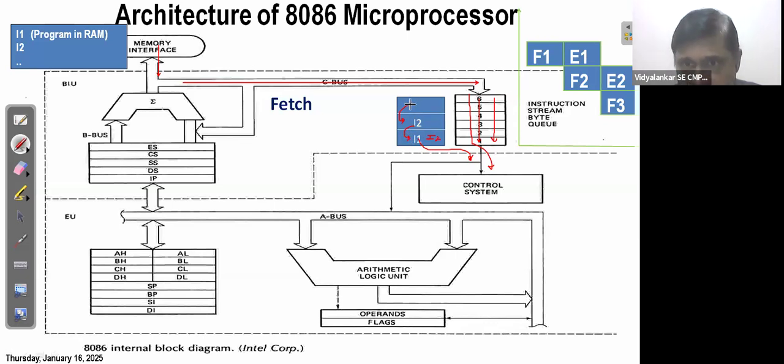Your instruction 3 will come to the position of instruction 2. So it's a moving queue. It has to be, because then only some space will be created at the top to bring new instructions. Okay, so it's like a stack, FIFO. FIFO matlab first in, first out. This queue is a FIFO queue.